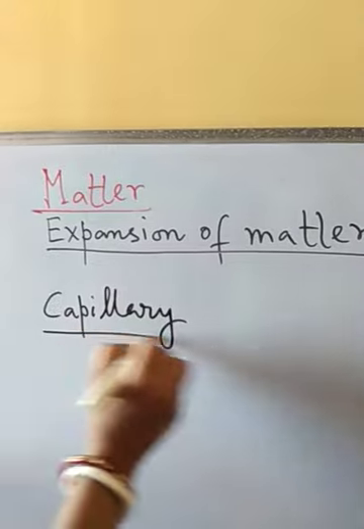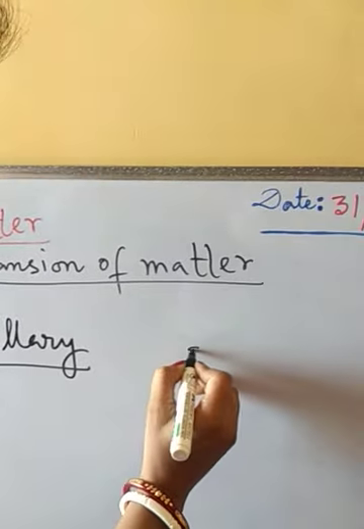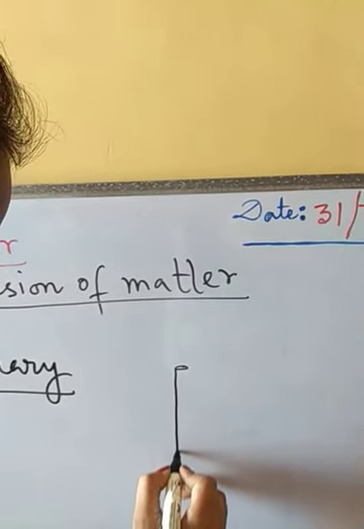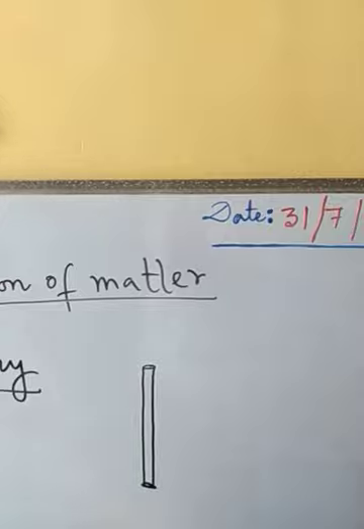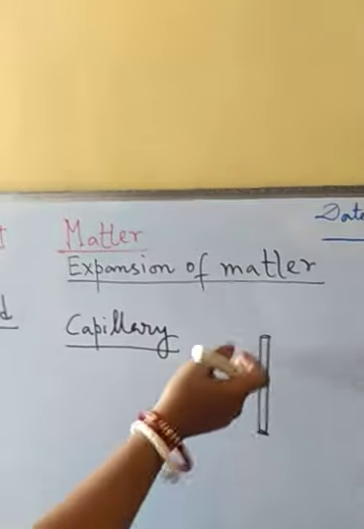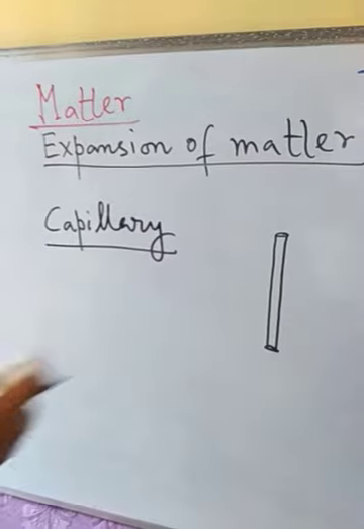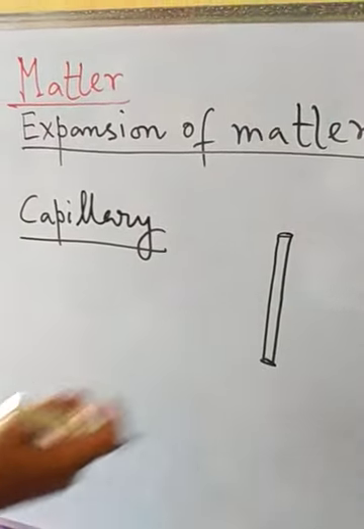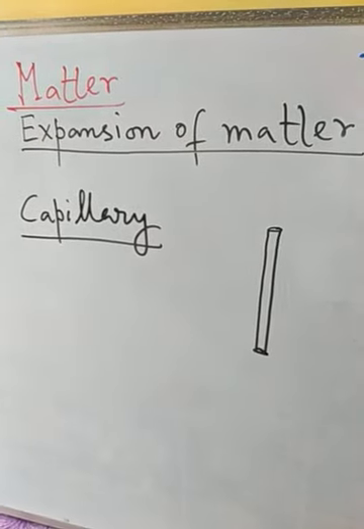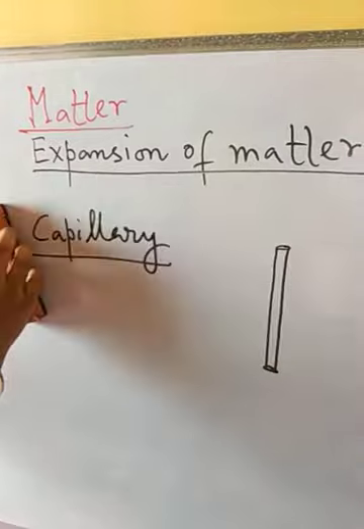What is a capillary? It is just like a kind of straw, but made up of glass. It is a very thin, very small diameter tube. If we dip it in any liquid, a little bit of liquid will rise through this capillary. So this is a capillary. Now let us do the experiment.